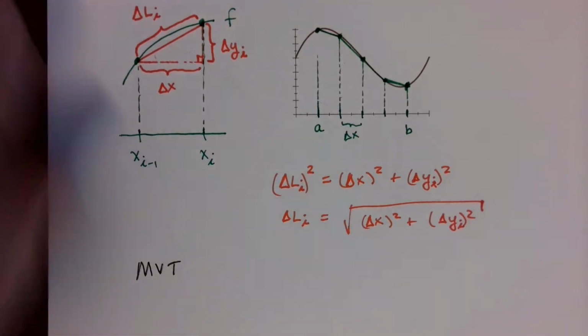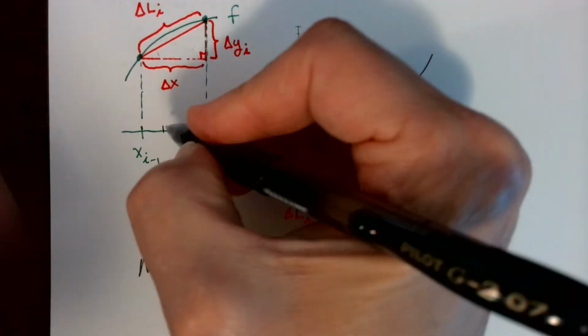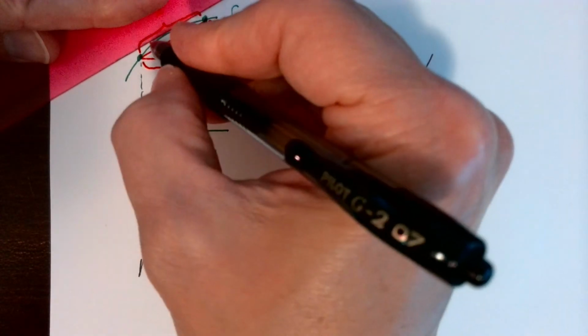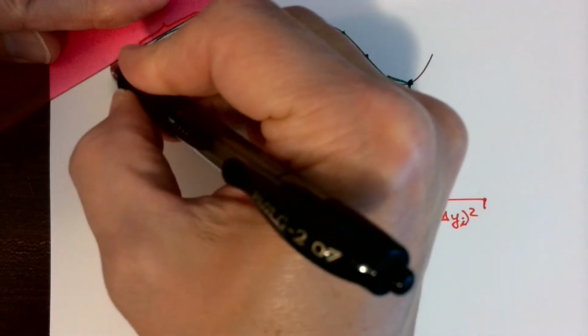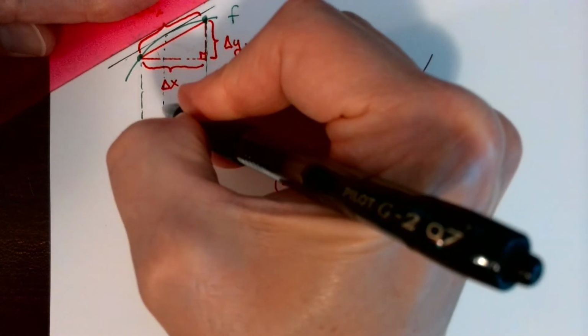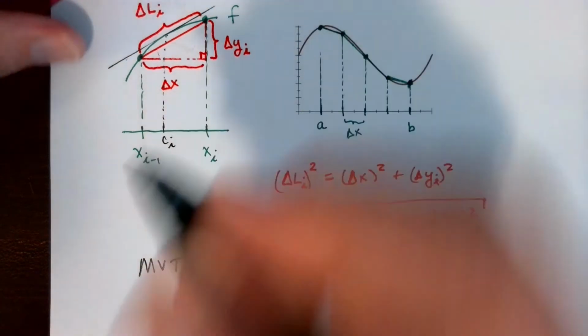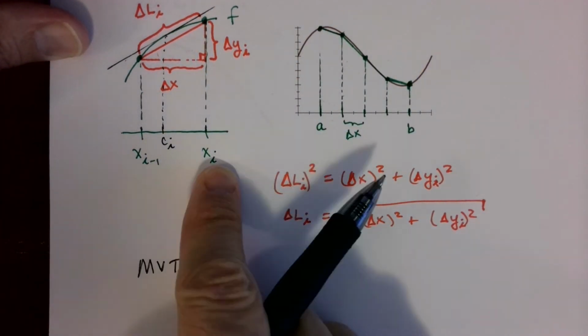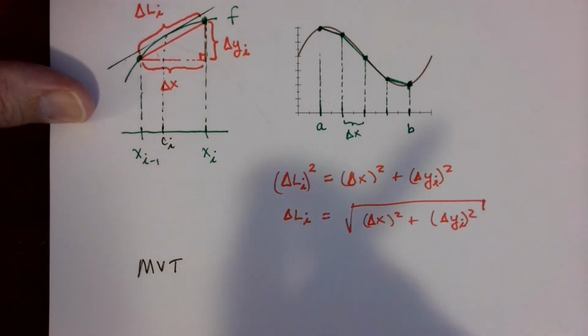So the mean value theorem says there exists some point, and let's just go ahead and draw that tangent line right there at that point. I'll call that c sub i, and that can be anywhere on this interval. It doesn't really matter where it is. We're guaranteed that it's somewhere in this interval by the mean value theorem.